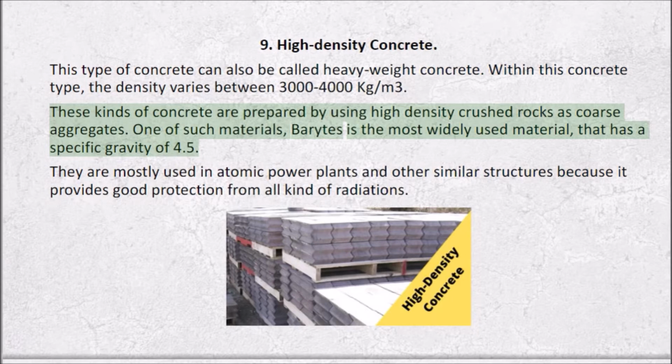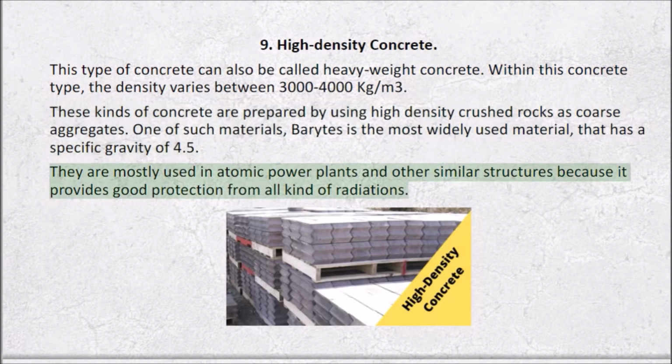One of such materials, barytes, is the most widely used material, that has a specific gravity of 4.5. They are mostly used in atomic power plants and other similar structures because it provides good protection from all kinds of radiations.